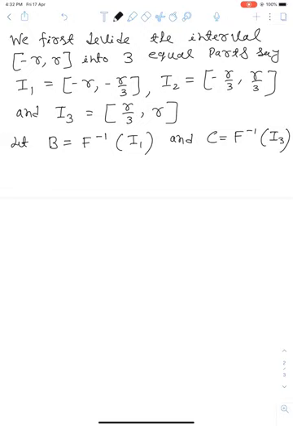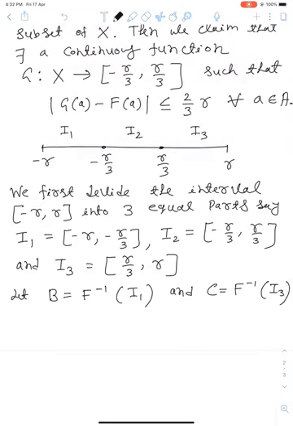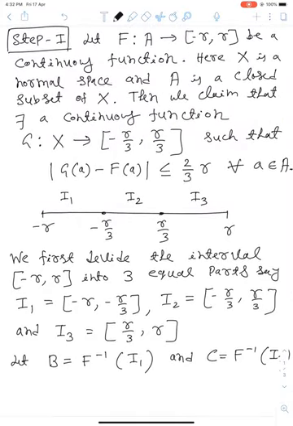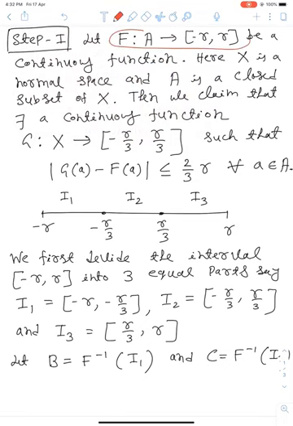Now what can you say about B and C? Look at it, so what is my F? F is a function from A to minus r comma r, right? And we divide this interval minus r comma r into 3 portions, 1, 2, 3. Now we have taken this portion and taken the inverse image.